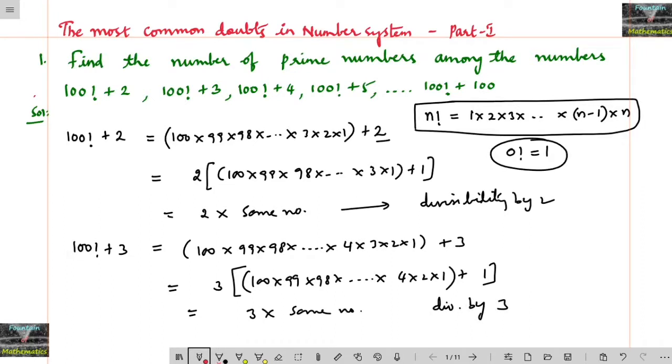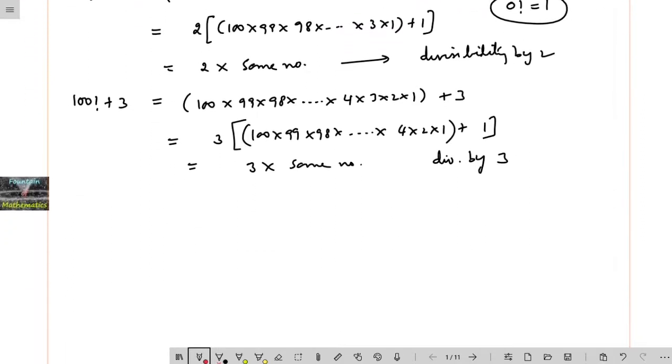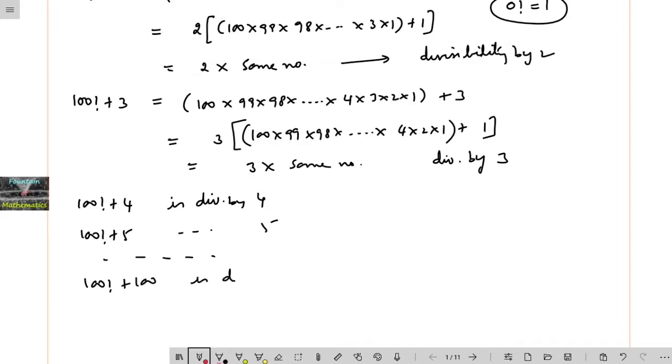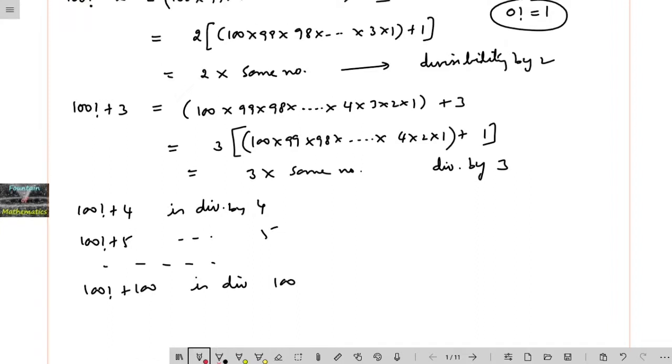Similarly, if we continue the same process, we find that 100 factorial plus 4 is divisible by 4, 100 factorial plus 5 is divisible by 5, and so on, 100 factorial plus 100 is divisible by 100. So what can we say from this?